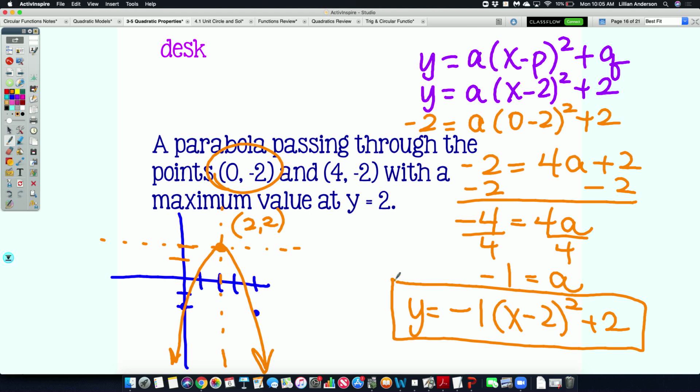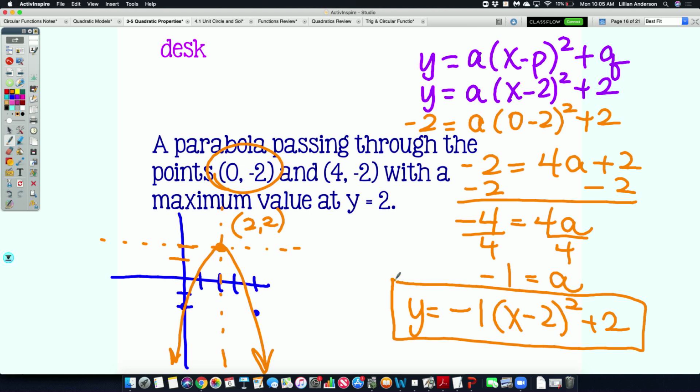Questions? So what's the p again? P and q in vertex form are the x and y coordinates of your vertex. Alright? Now, as you can see, when you are given a graph or directions on how to sketch a graph, we can write the equation depending on what we're given.